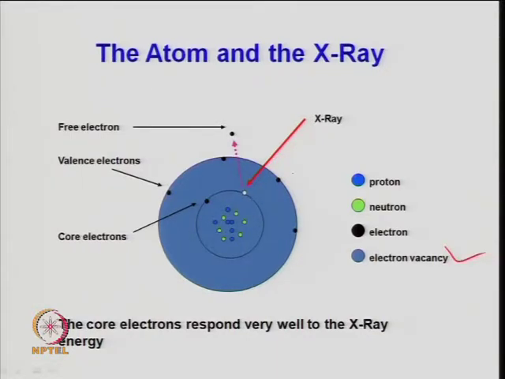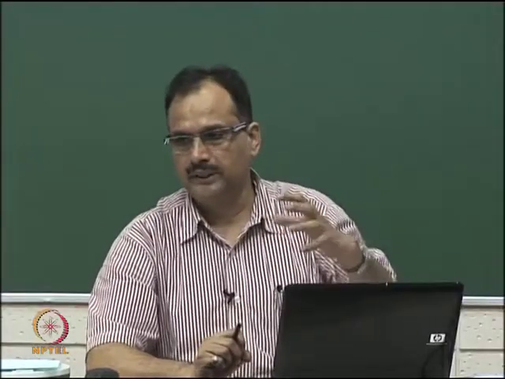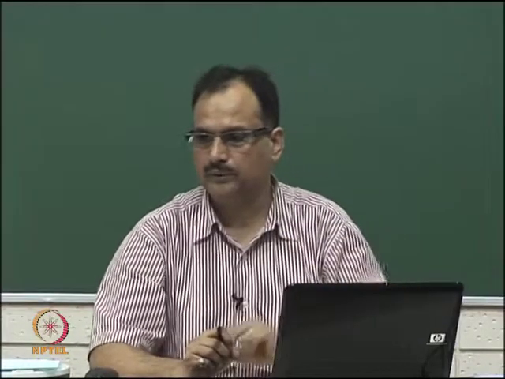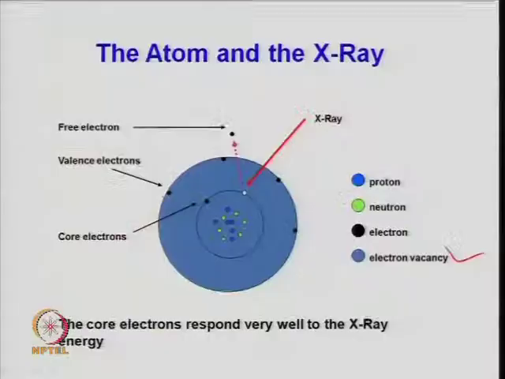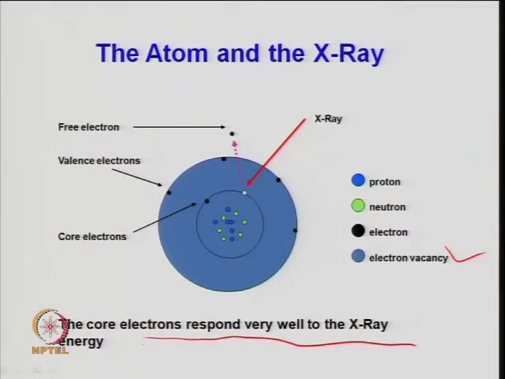And here are the valence electrons, on the outermost side. They are free to move, in fact; they are bound, but free to move anywhere, very mobile. These are known as valence electrons, right. Core electrons respond very well to the X-ray energy. That is why the important information is from the core electron, right.